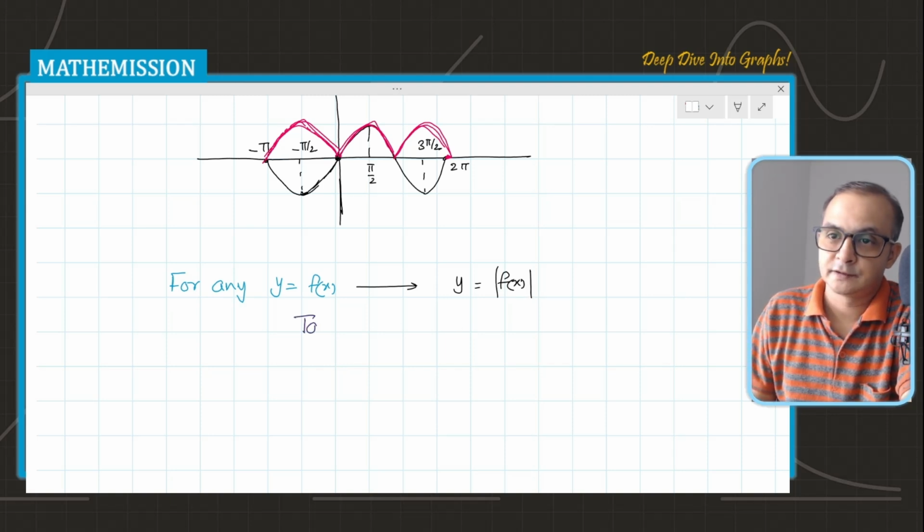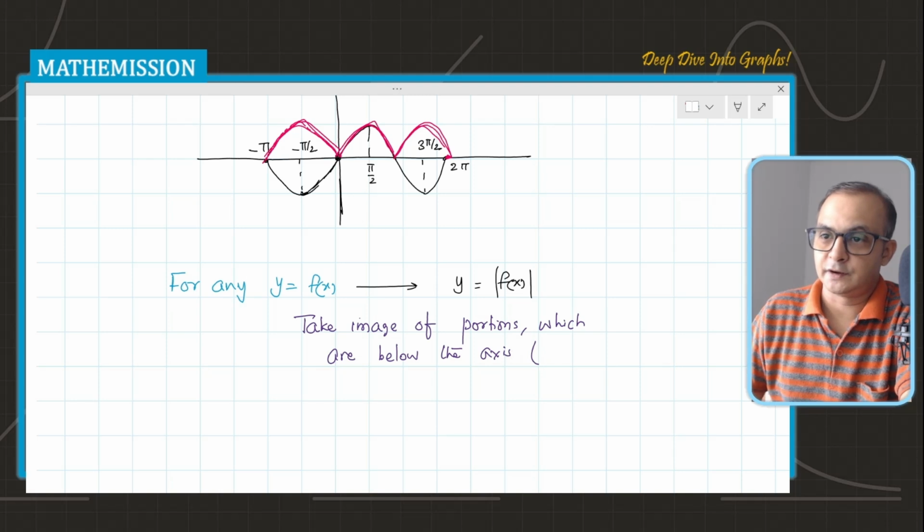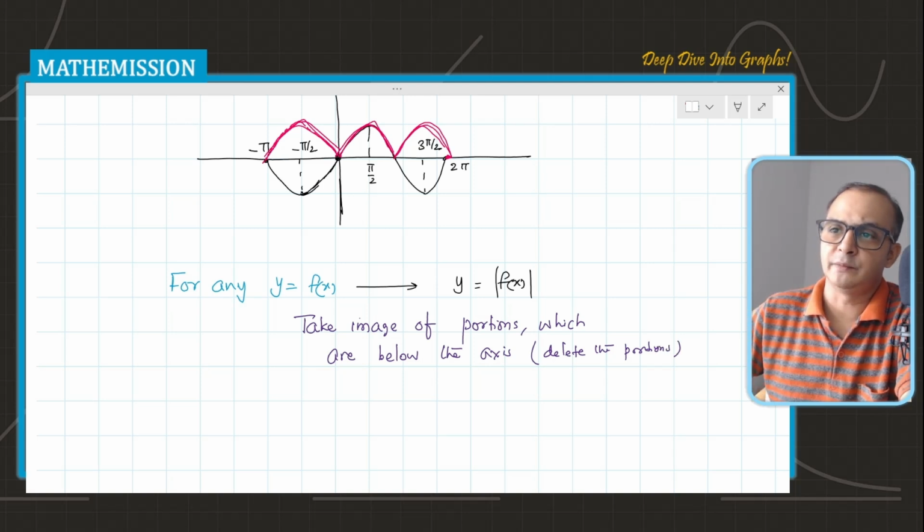We take the image of portions of the graph which are below the x-axis. And after taking the reflection, delete the portions which are below. You know what I mean.